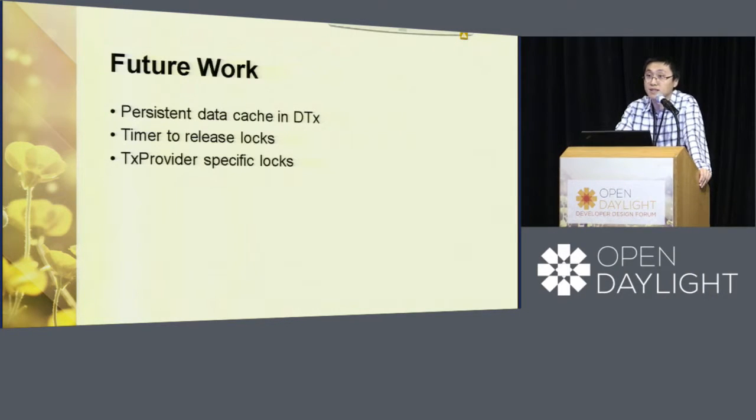So in future, we are planning to implement a persistent data cache. The idea is that we may put the cache in the data store. Because the data store itself is persistent, even after an ODL crash, we can still get the data back, and the transaction can still go on.